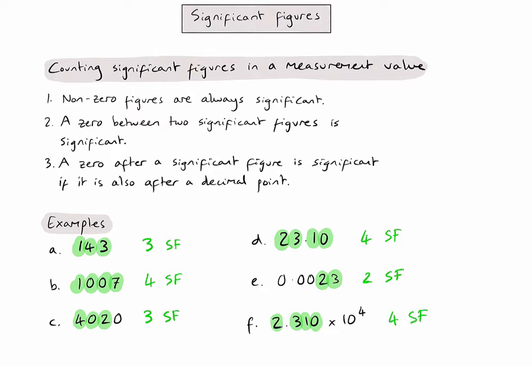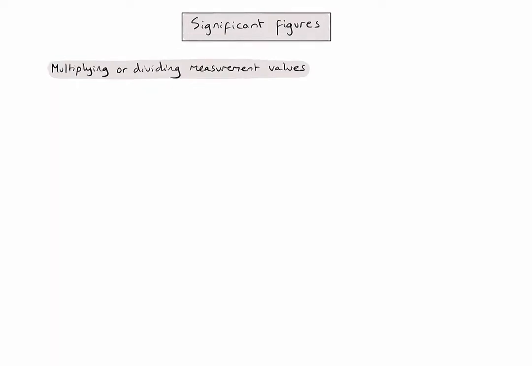Now that we have a sense of how to count the number of significant figures in a value, let's see how we apply that when multiplying or dividing these values in a calculation. So in any calculation that uses experimental data where I multiply or divide my values, I need to consider and apply 2 basic steps to the treatment of significant figures.